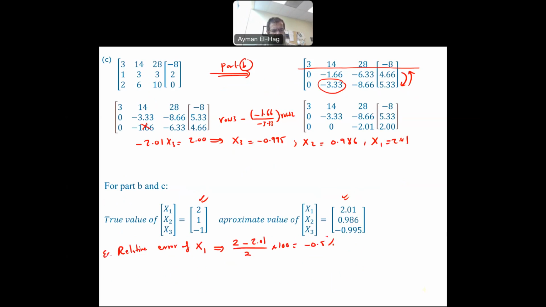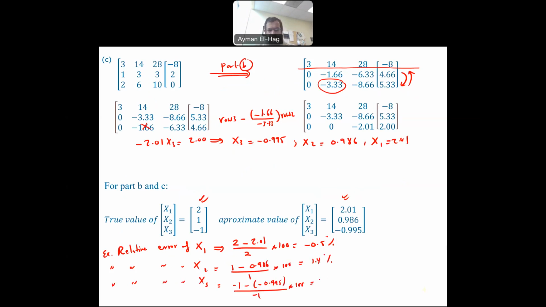This is the exact. So the exact relative error of x2 will equal 1 minus 0.986 divided by 1 times 100, which is equal to 1.4%. And finally, the exact relative error of x3 will equal minus 1 minus minus 0.995 divided by minus 1 times 100.